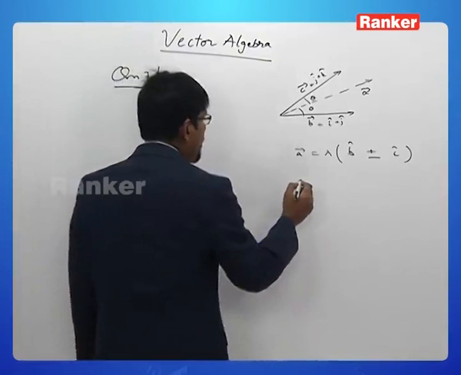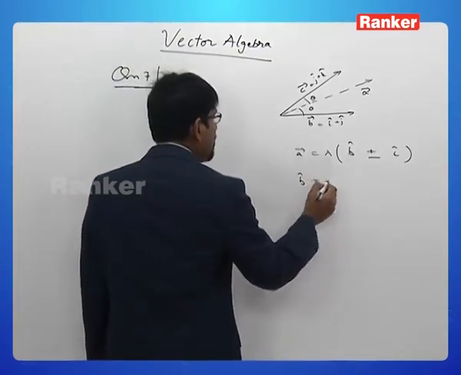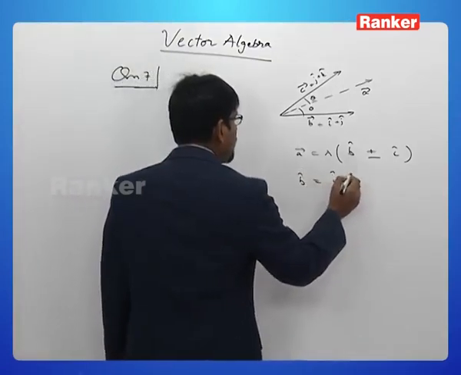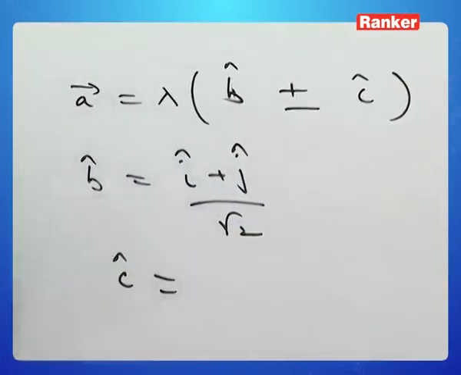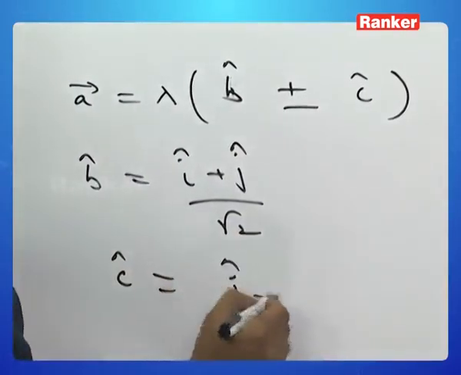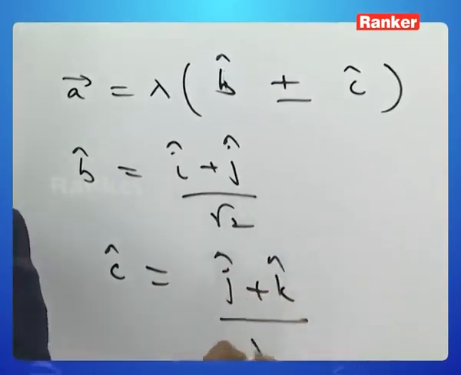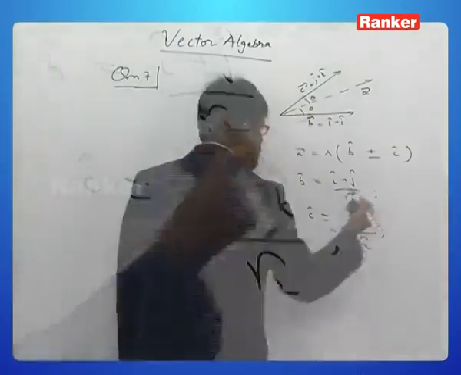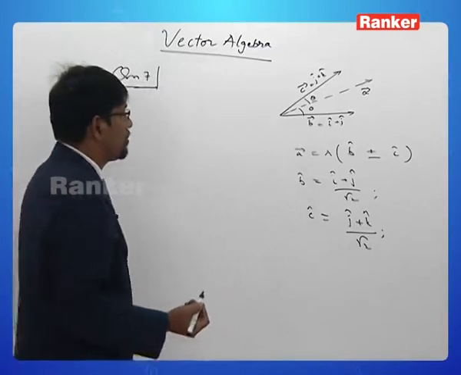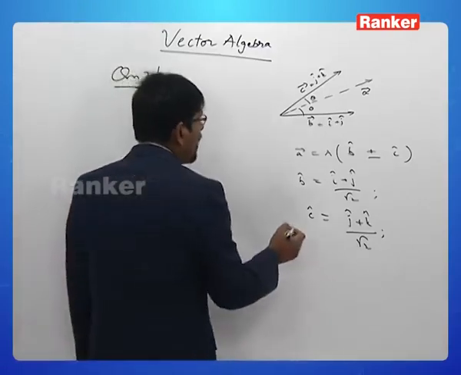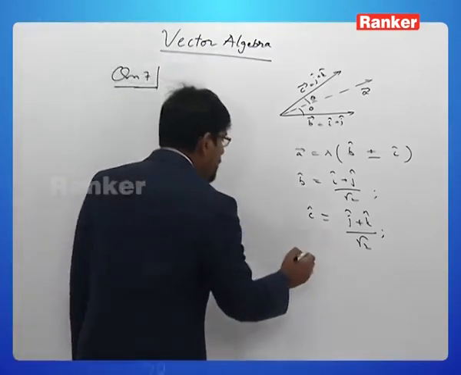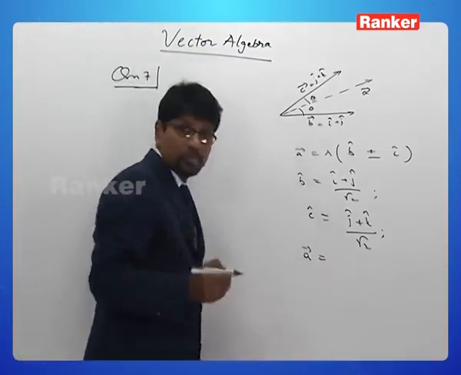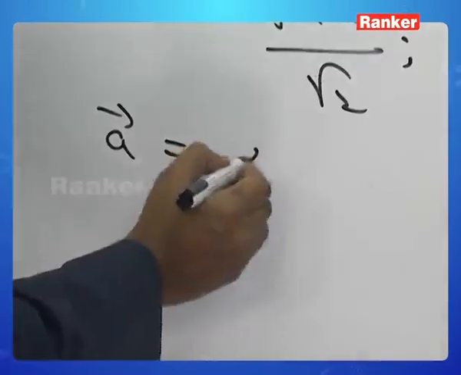What is b cap here? b cap is i plus j by root 2. What about c cap? j plus k by root 2. Now what is a bar given to be? Alpha i plus 2j plus beta k.